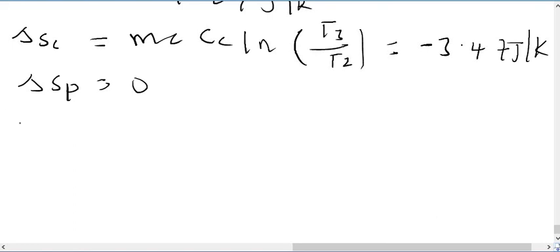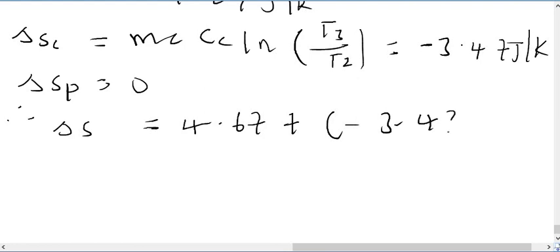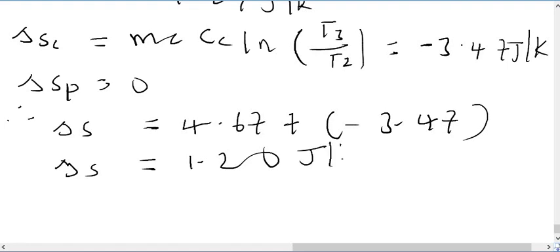So therefore the total change in entropy is equal to 4.67 plus minus 3.747, which is equal to 1.20 joule per Kelvin.